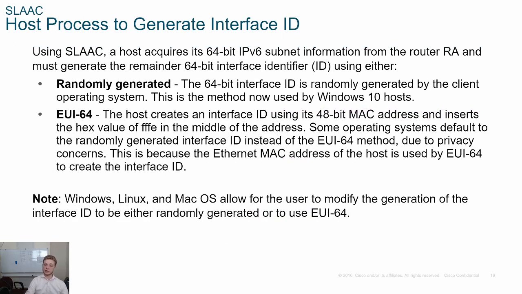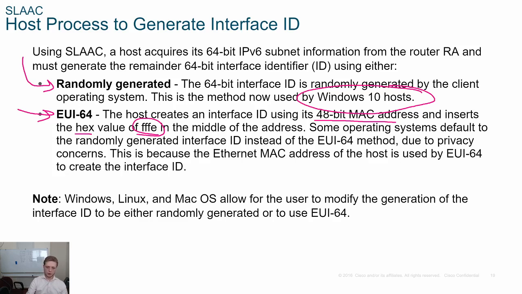That's what I was just saying here. We have this randomly generated interface ID, which is now used by Windows 10, and then EUI-64, which is using the 48-bit MAC address and inserting the hex value FFFE in the middle of the address. This is how you can tell if an IPv6 address is made with EUI-64, is that FFFE.